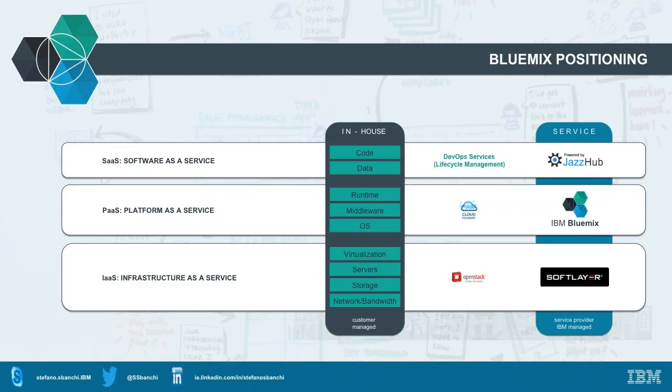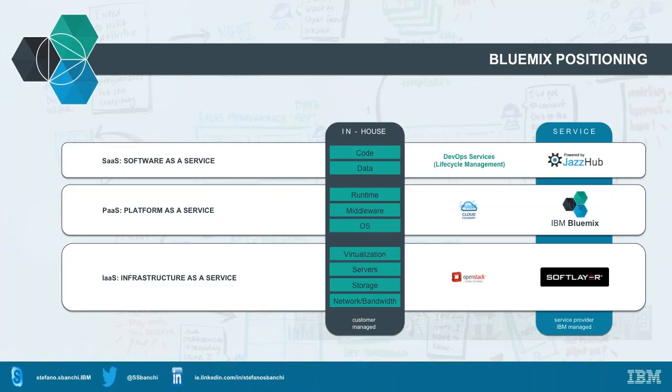Maybe you noticed that in the slide there is some picture of open source technology, because that is right, because Bluemix runs on top of SoftLayer for the infrastructure and on top of Cloud Foundry for the platform.